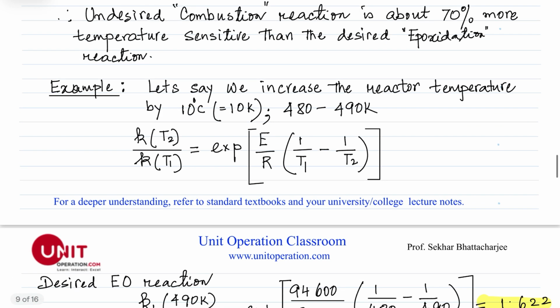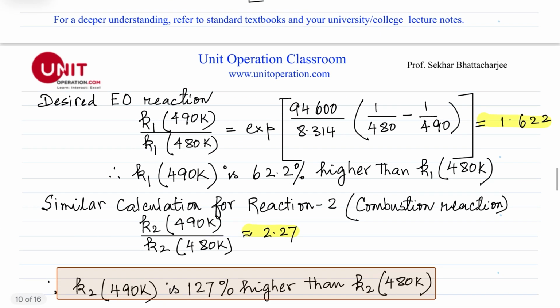Let's take an actual example. Let's say we increase the reactor temperature by 10 degrees Celsius, which is of course equal to 10 Kelvin difference, from 480 to 490 Kelvin. We know that the value of k changes by this relation, another form of the Arrhenius equation.